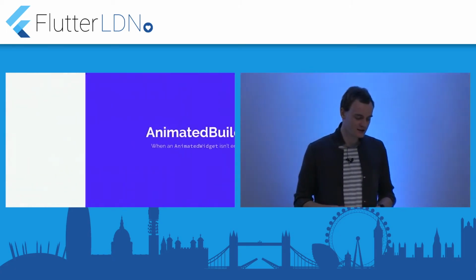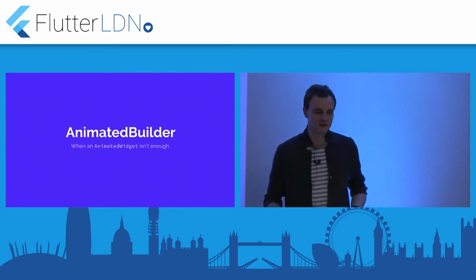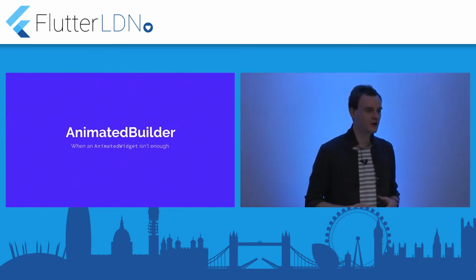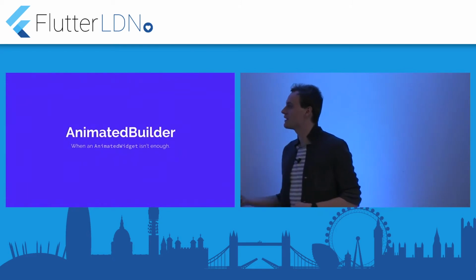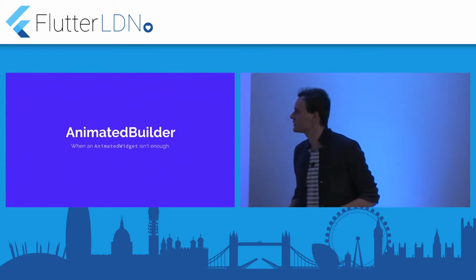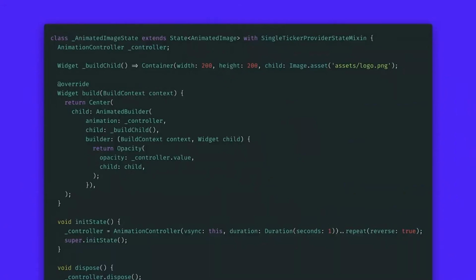The next thing is, if animated widget is not enough, you can still use animated builder. If you want to handle your own state logic, you can use the animated builder widget, which looks like the following. We would have a child, which is a container that is 200 by 200 and still has our logo.